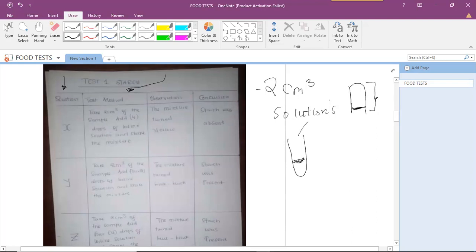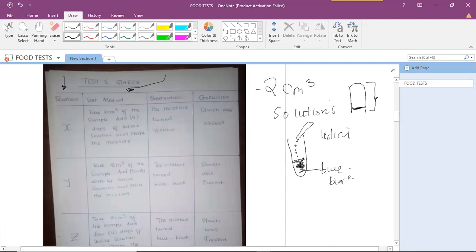And then you get your dropper, you add at least 4 drops of iodine. After adding 4 drops of iodine, you're going to get this blue-black color. And the presence of this blue-black color shows that starch is present.